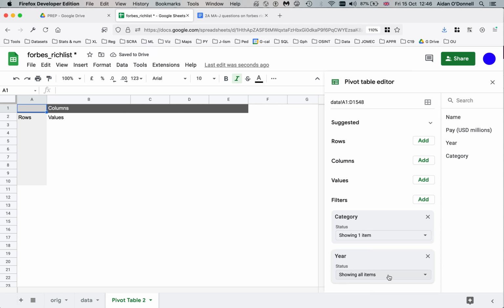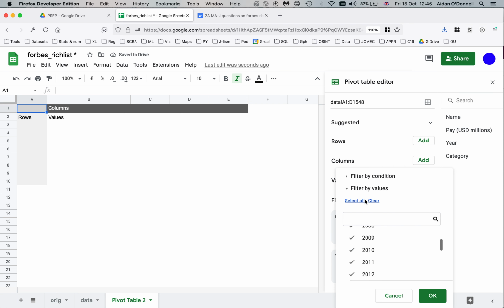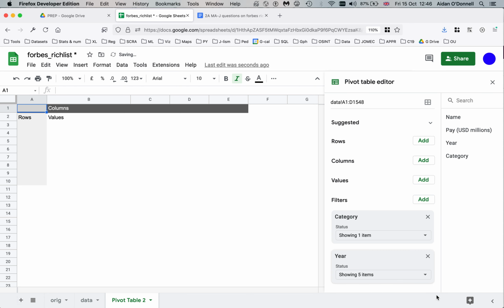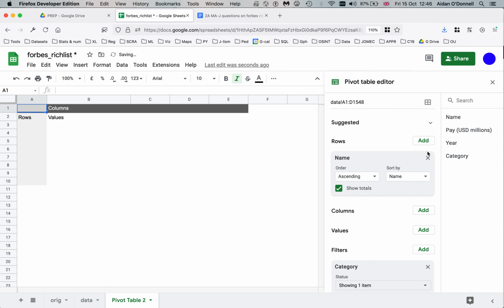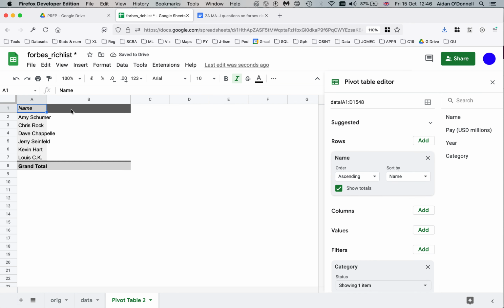So we're filtering 2 things at the same time over the last 5 years. Let's clear everything and take 1, 2, 3, 4, 5. Now, let's put the comedians in for the rows. So there they are. Get rid of the total.